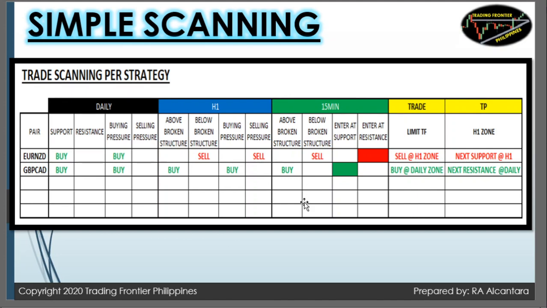So for this case, I am incorporating price action, market structure on this specific simple scanning of opportunities, not actually the currency pairs. So you can see here, you can play around, you can customize this table with your own design, with your own analogy. But the thing is, everyone can make simple scanning.